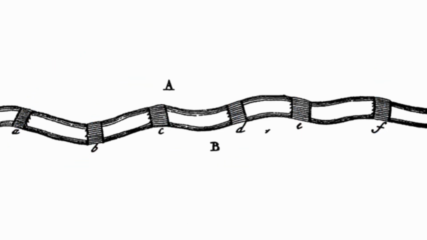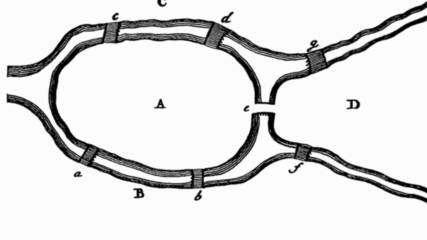If you look at the original diagram of the Königsberg bridges, you'll see that each landmass has an odd number of bridges connected to it. For landmass A, we have 1, 2, 3, 4, 5 bridges. Landmass B has 1, 2, 3 bridges attached to it. C also has 3 bridges attached to it, and the same with D.